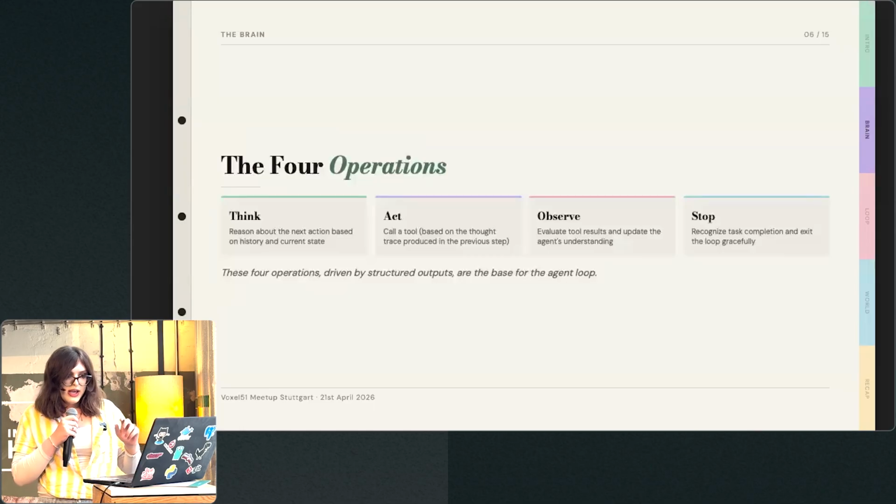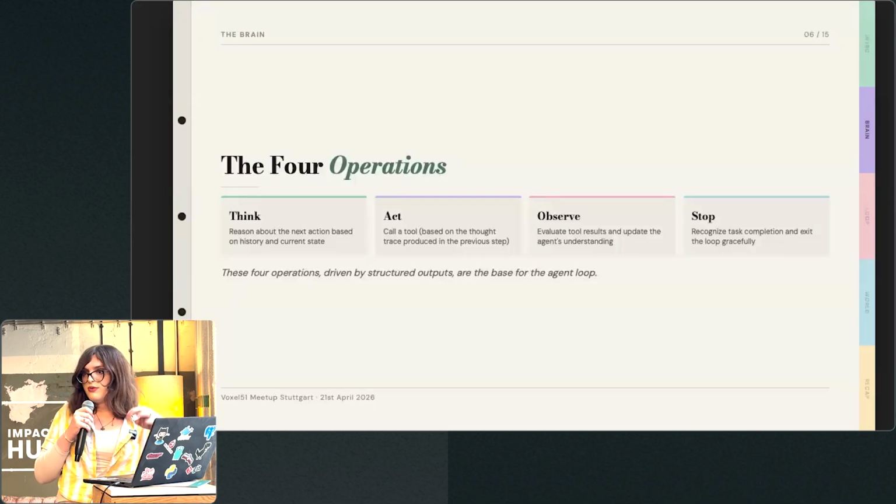And as I was saying, we have 4 operations, I would say 4 checkpoints, 4 steps that we use for control flow. We have thinking, acting, which means calling tools, and observing, which means: I call the tool, what happened after I call the tool, what is the state of my task right now.